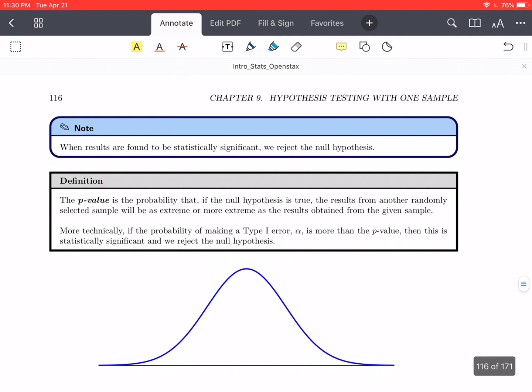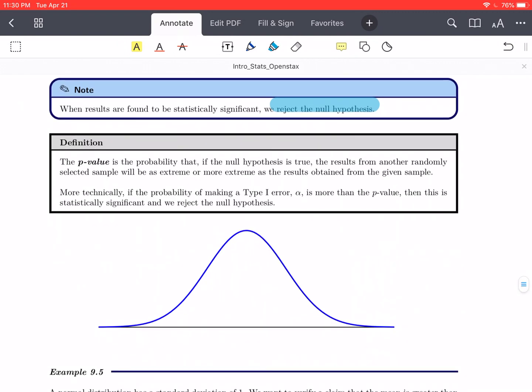When we find that results are statistically significant, we reject the null hypothesis. If we get a highly unusual result given that the null hypothesis is true, then we reject the null. We say, well, this must not have been correct to begin with. Now some more terminology here.